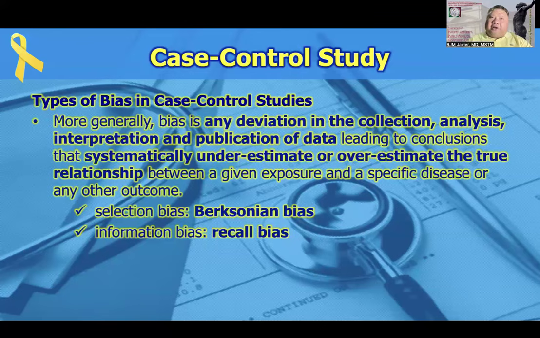Recall bias, on the other hand, tends to rely on the ability of your respondents or your study subjects to remember previous events. Remember, in the general schema, there is a temporal relationship. From the present situation, we go back in time to the past.